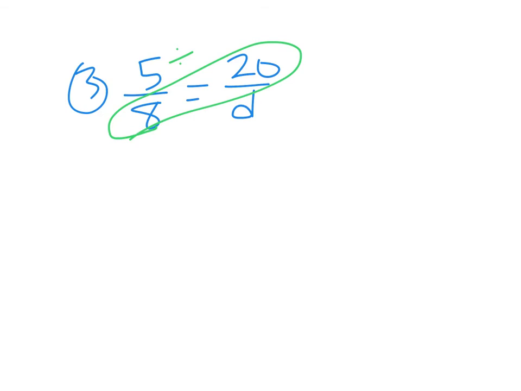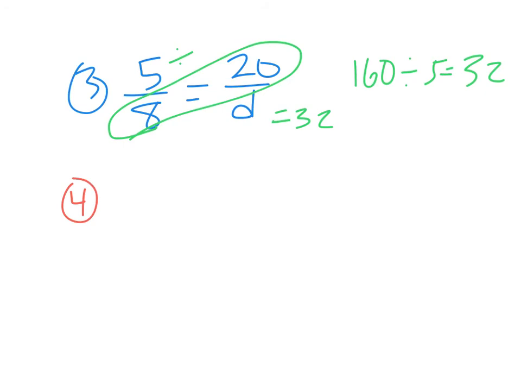So what's 8 times 20? 160. 160 divided by 5 would be? 32. So d equals 32. Good job. Once you guys get the hang of this, you'll fly through it.